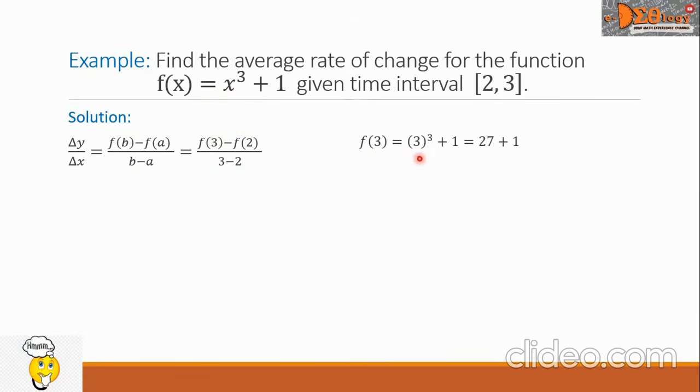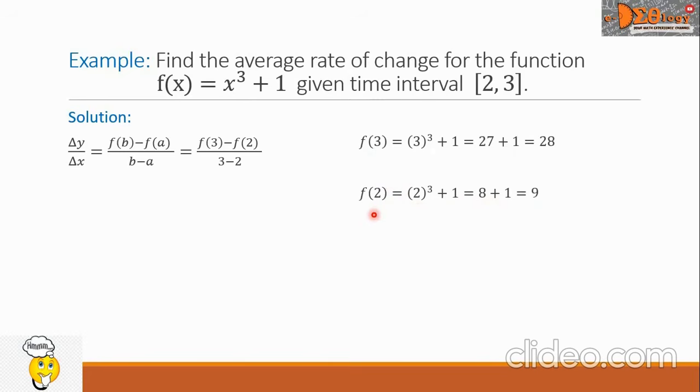This 3³ is equal to 27, and then plus 1, so the final answer is 28 for f(3). For f(2), this is equal to 2³ + 1. Our 2³ is equal to 8, then plus 1, and the answer is 9 for f(2).